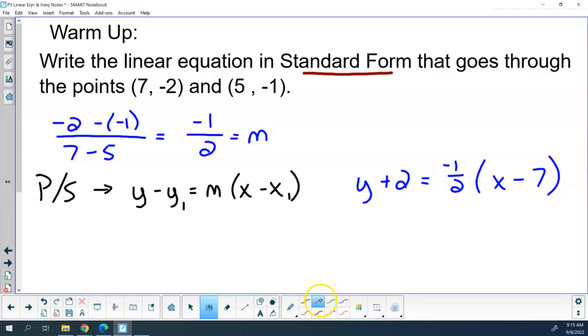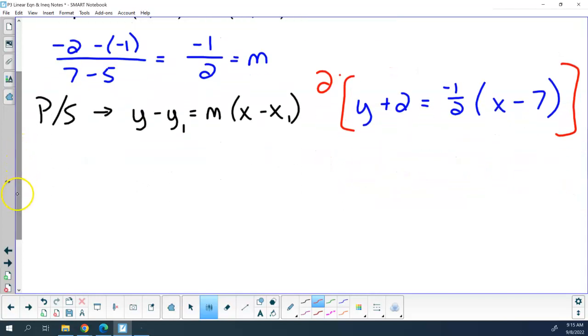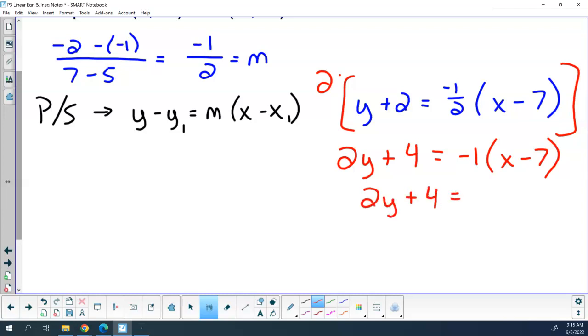Multiply both sides by 2. Love it. So if I multiply both sides by 2, then I've got 2y plus 4 equals -1 times the quantity x minus 7, which I can distribute that -1, right? So that's going to be 2y plus 4 equals -x plus 7. Do I have any fractions anymore? Nope, that's a good thing. So that condition's done. Now I've just got to go back to my other one and get x and y on the same side.